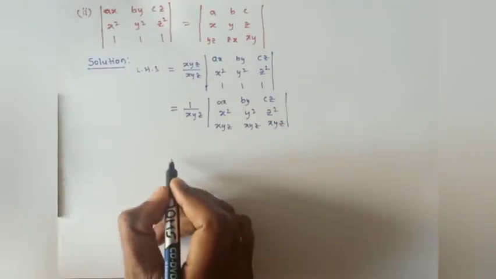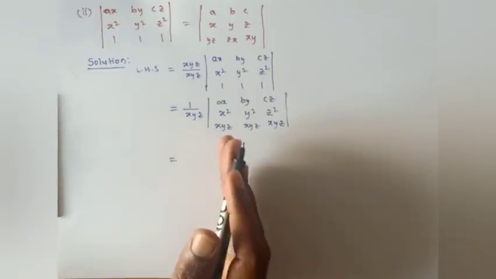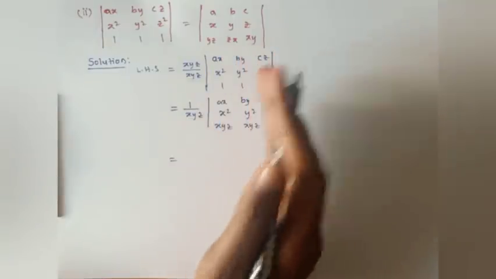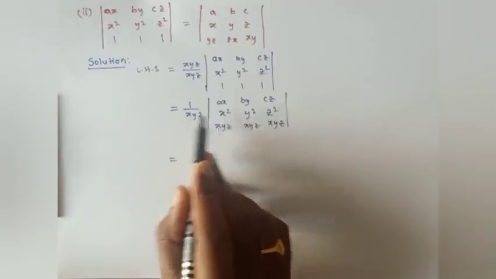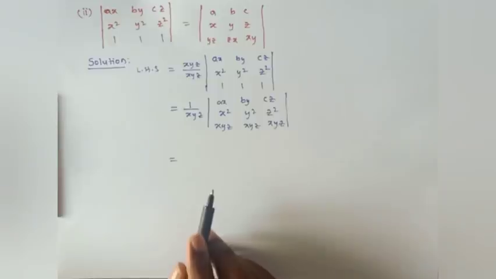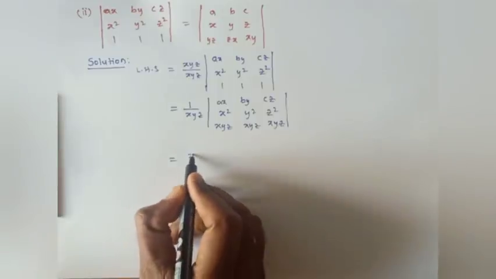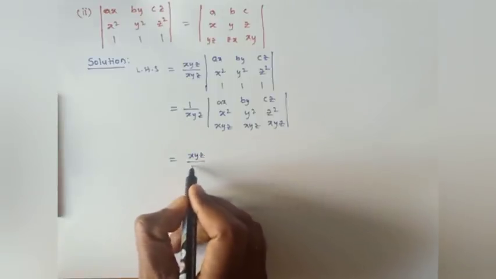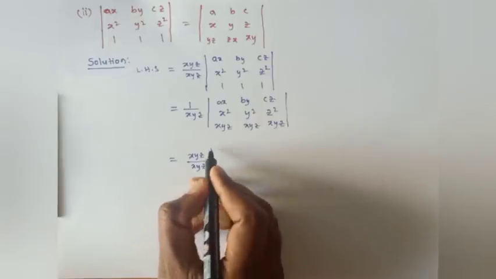Right? Now observe each and every individual column. The first column contains x common, the second column contains y common, and the third column contains z common. So x, y, z is common from the entire determinant.